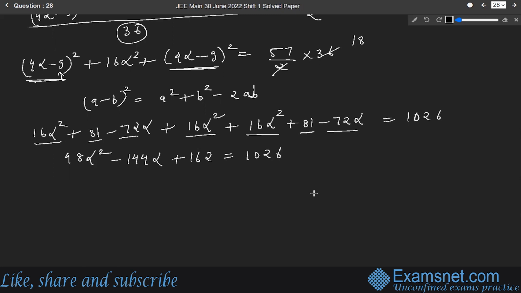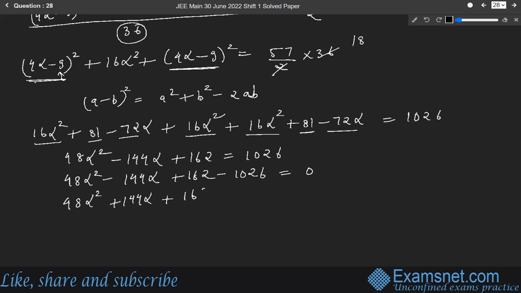Now let us take all the terms on the left hand side first. So we have 48 alpha square minus 144 alpha plus 162 minus 1026. It is equal to 0, right? So we have 48 alpha square minus 144 alpha plus, now we want to know the value of what? 162 minus 1026, right? But let us write it in the same way because we can take 2 common.